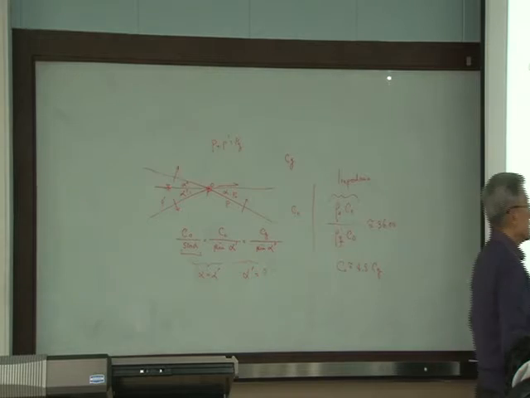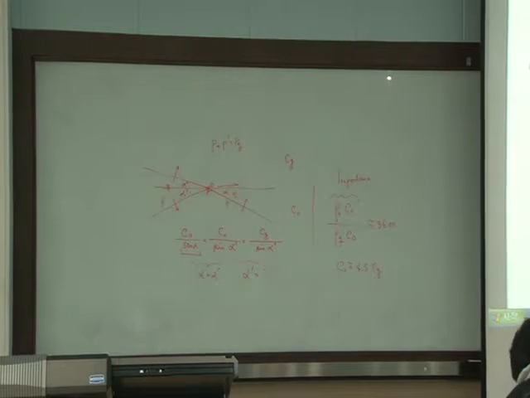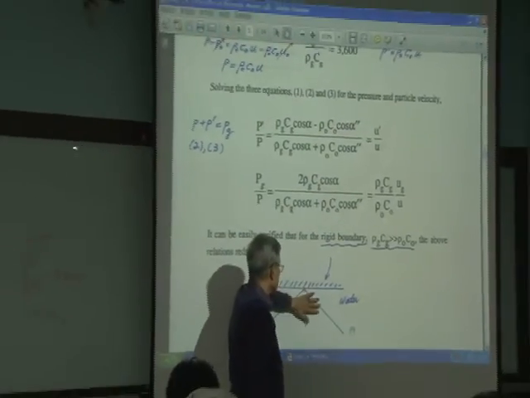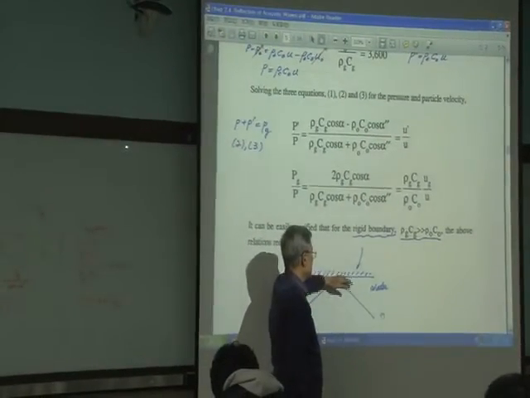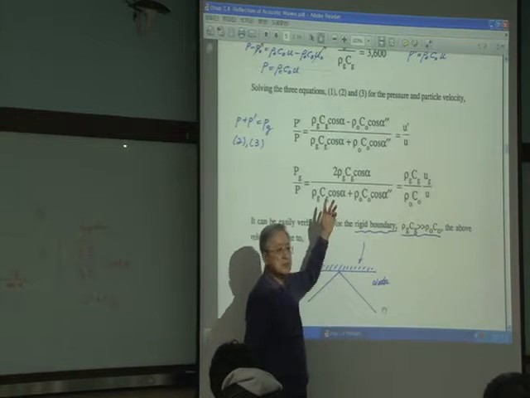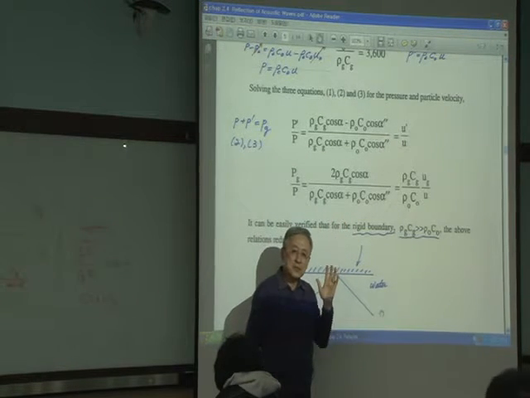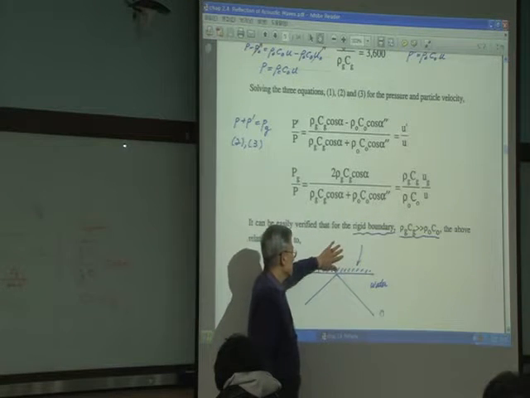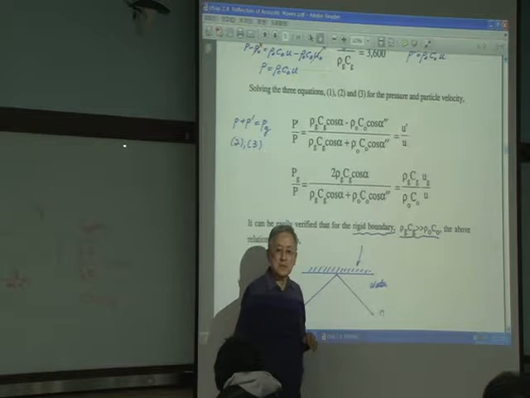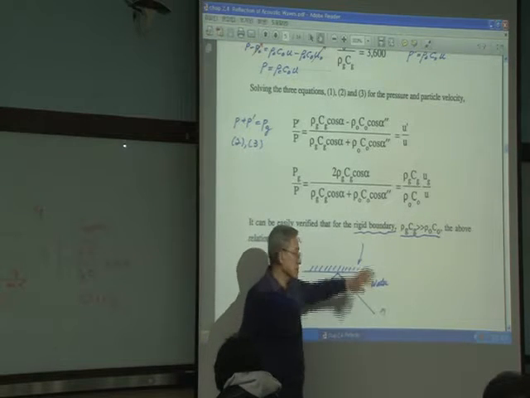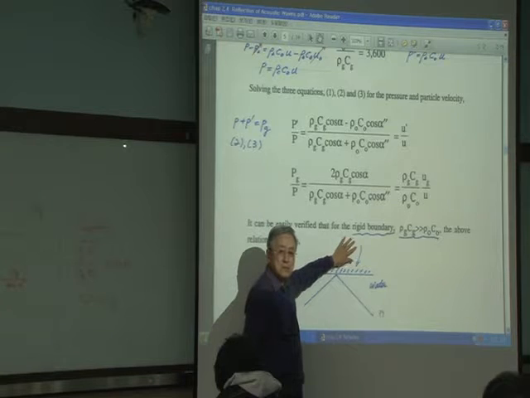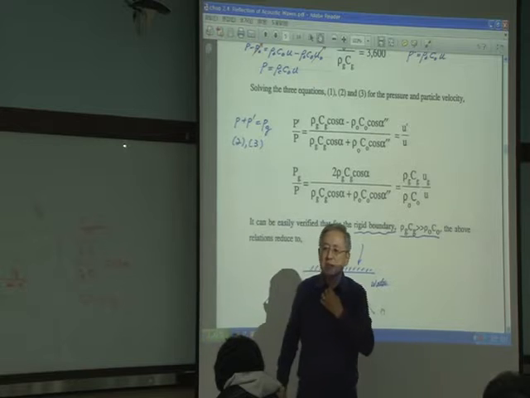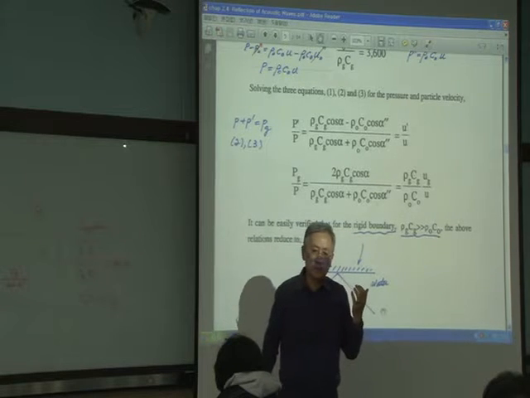And I said, let's replace, this is the water in this equation, this is the air, this is the water. Interface is here. So using this equation set, can I derive the relation for the rigid-water situation? To do that, if this is rigid, rho g Cg impedance has to be infinitely greater.